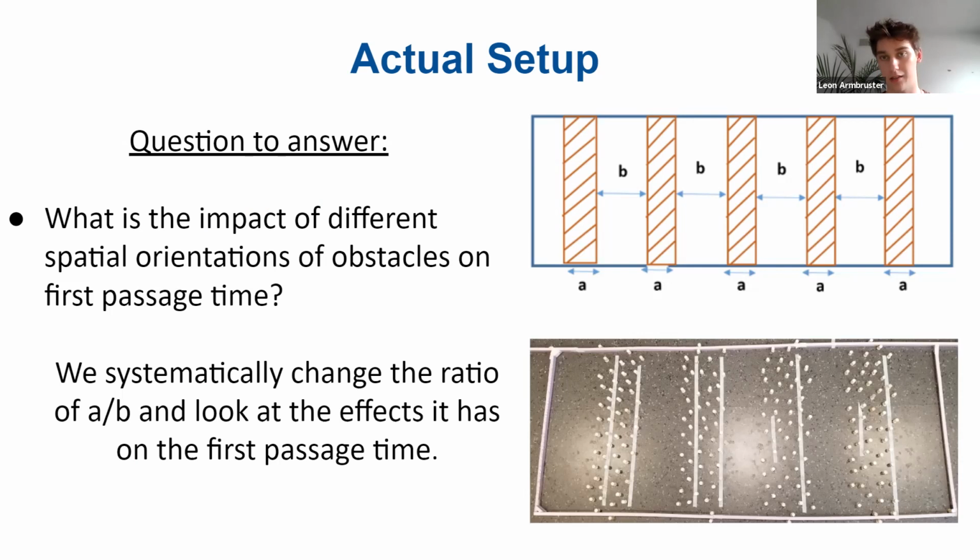We went with the rectangular geometry, and we have two different regions, regions A and B. A is where we put the obstacles. As Colin mentioned, it's always with a packing fraction of 6%, and that doesn't change throughout the entire experiment. Now, all we do is for different ratios of A over B, we record the first passage time. We put our little robot on the left side and let it travel all the way to the right and record the time.